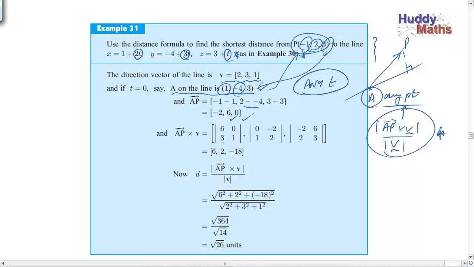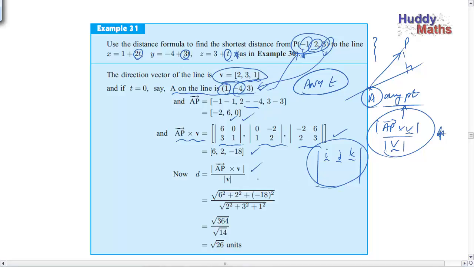So AP cross V, they've left out the i, j's and k's. Still, I think it's best to look at this as the determinant of 3 by 3 like that, so that you then do the whole thing carefully. But these are the cofactor matrices whose determinants you're going to use. So it becomes 6, 2, negative 18. So you need that cross product, and then dividing by the length of the vector (2, 3, 1).